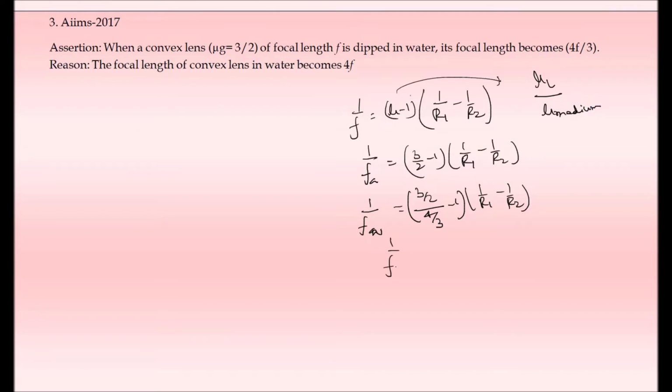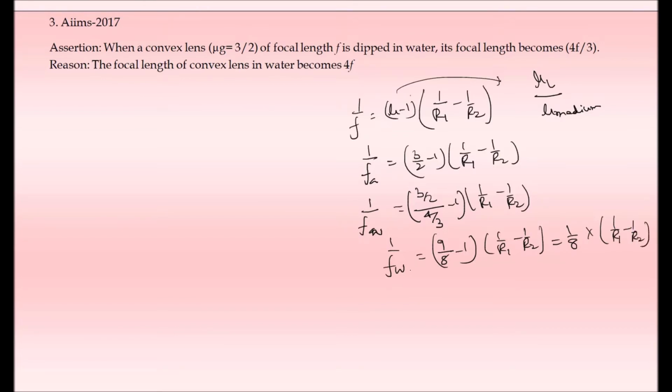So 1 by fw is equal to (9 by 8 minus 1) times (1 by r1 minus 1 by r2), that is 1 by 8 into (1 by r1 minus 1 by r2).